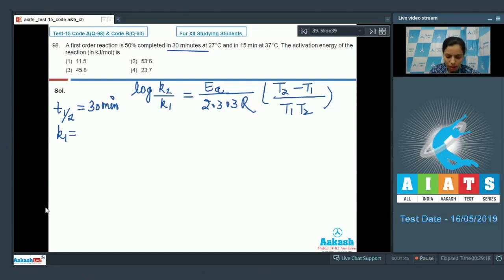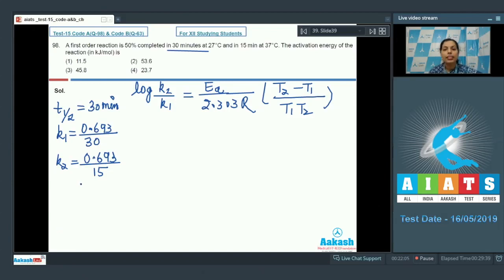So K1 for this case is equal to 0.693 by T half, that is 30. While if I talk about K2, that becomes 0.693 by 15.